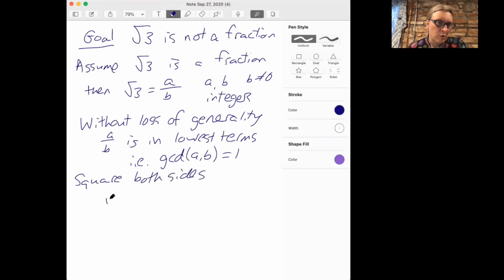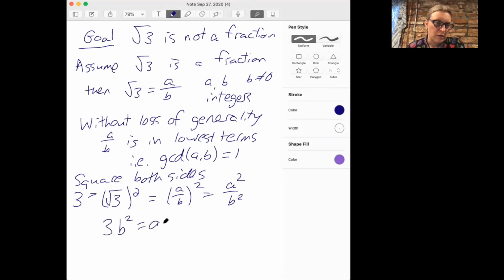So the square root of 3 squared is 3, and a over b squared is a squared over b squared. And we can simplify that to write this as 3b squared equals a squared. Now 3 divides the left-hand side, so 3 divides a squared.